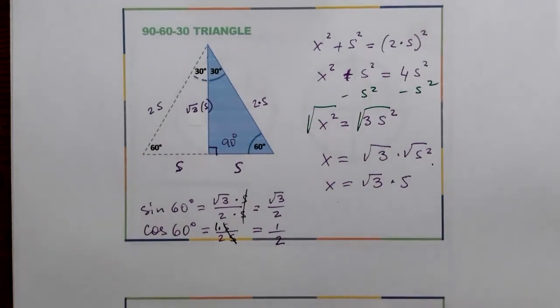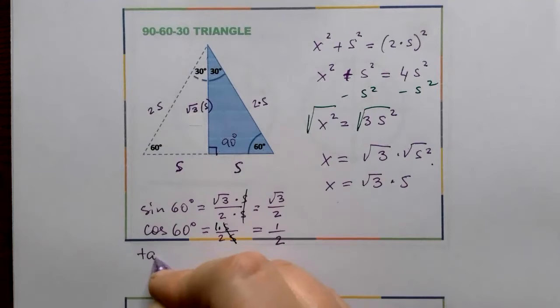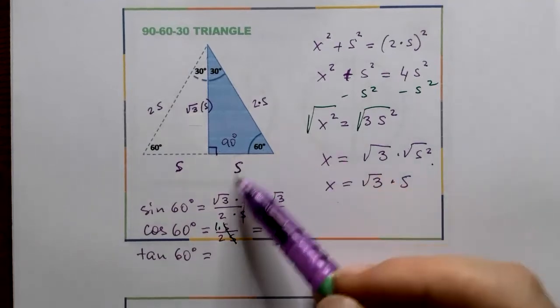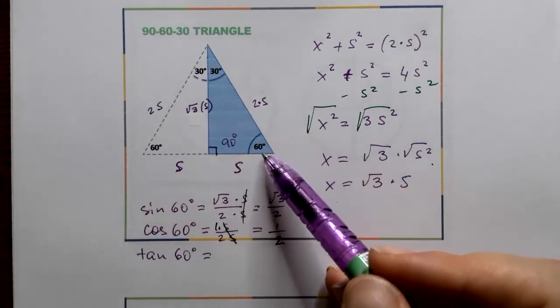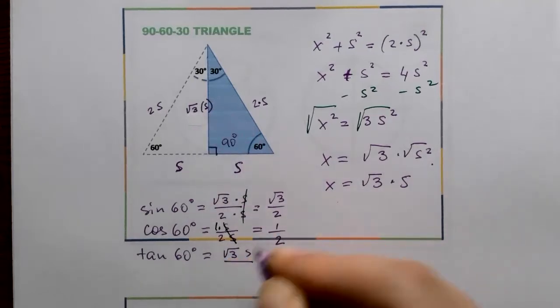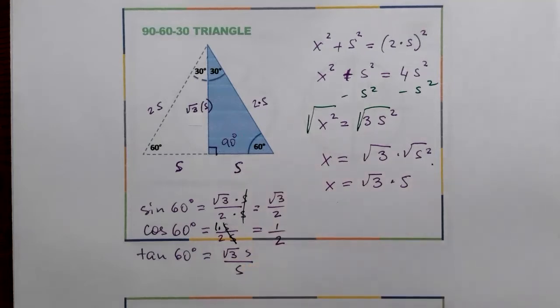And the tangent of 60 is opposite over adjacent, so square root of 3 times s divided by s. And again, s and s cancel out.